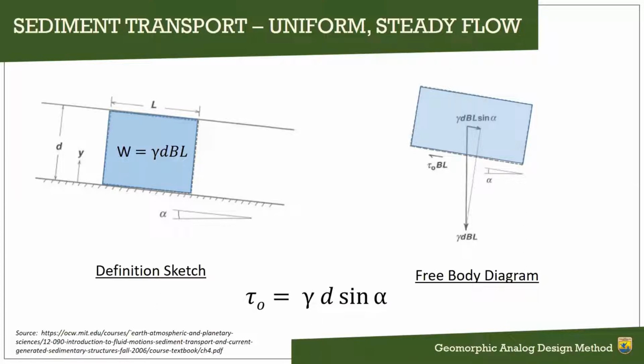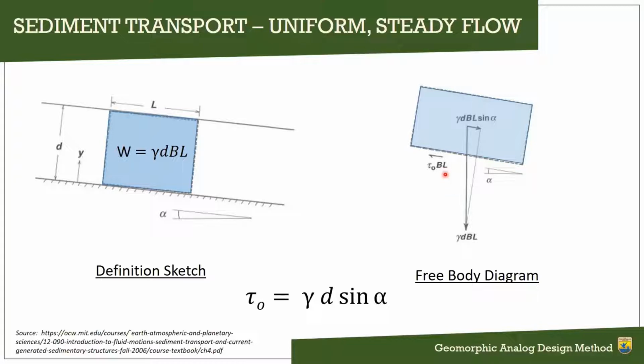We do a little math and discover that the shear stress experienced by the stream bed is directly proportional to the weight of the water times the depth of the flow times the slope. Shear stress is the force per unit area.